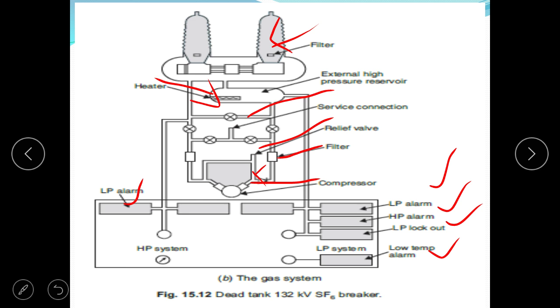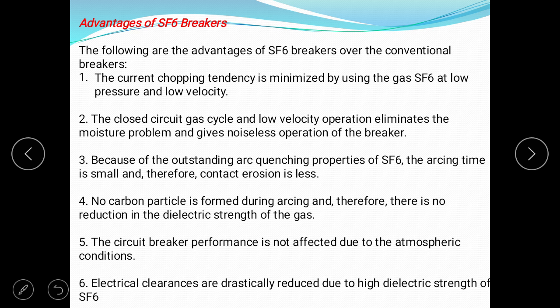Now the advantages of SF6 circuit breakers are the following. First, the current chopping tendency is minimized by using the SF6 gas at low pressure and low velocity.